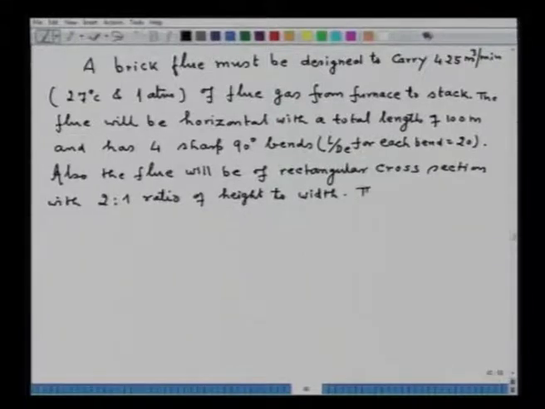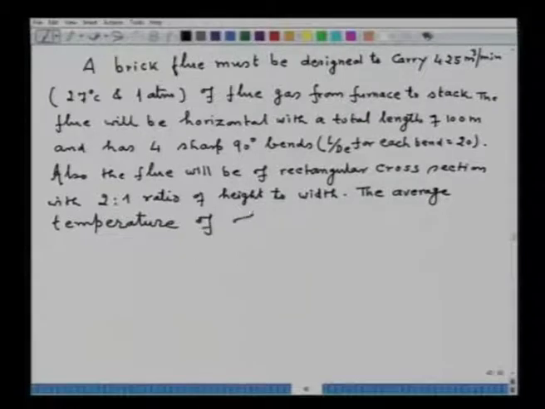The average temperature of the flue gas is 350 degrees Celsius.